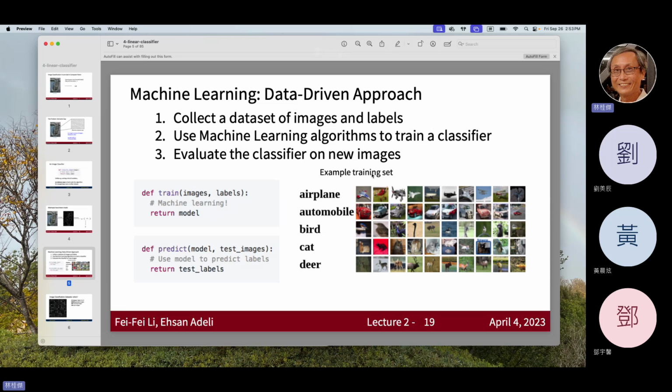So the old computer vision technology is simply not always correct in making the prediction, and you make a lot of mistakes.